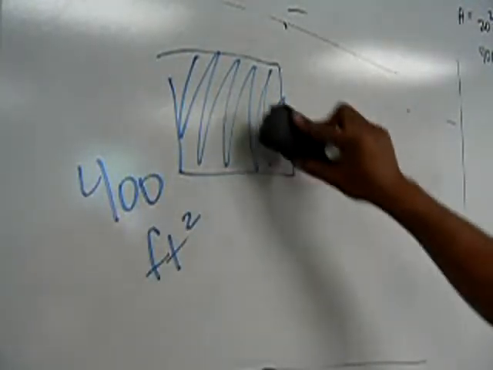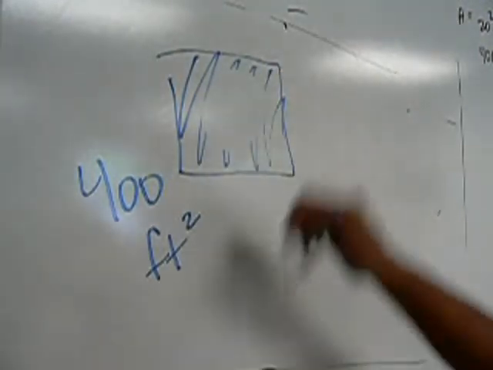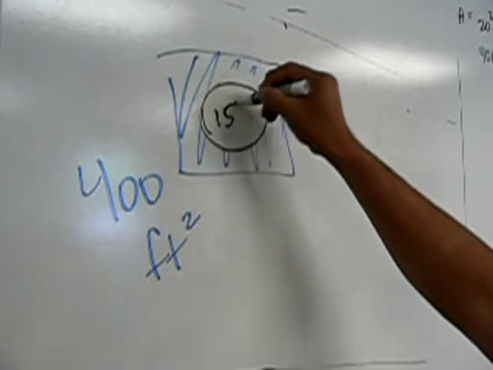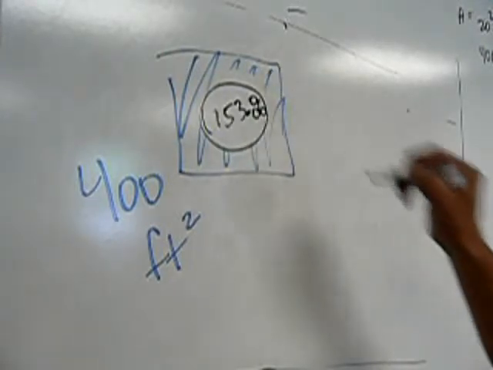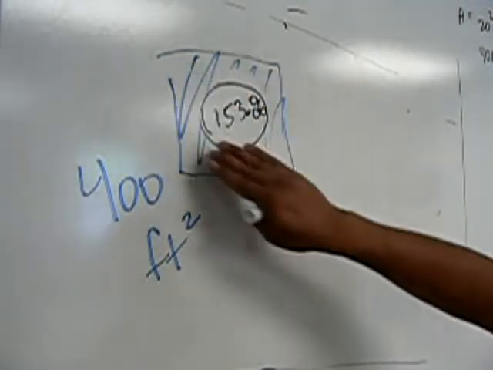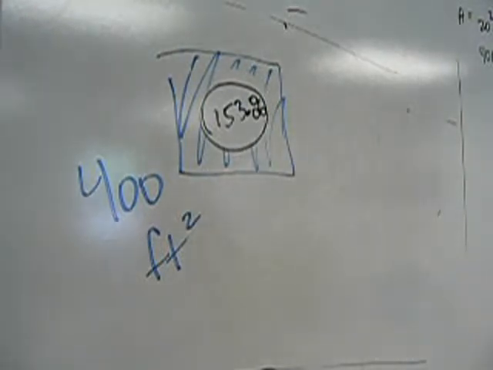The only problem now is that the wading pool is there, so whatever is in here, the 153 square feet, is going to be removed. So whatever is left around it would be kind of like the outside of the pool. So all that's left is to subtract them from each other because it's being pulled out.